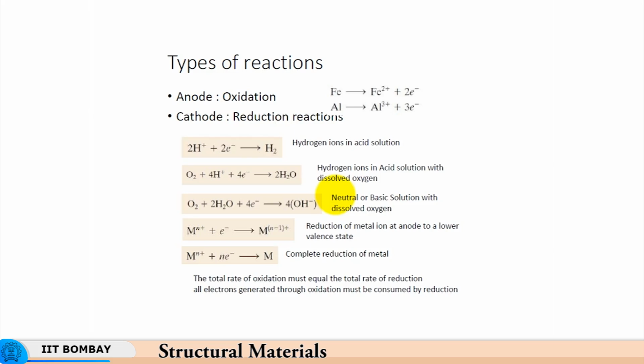If as we go from A to D the electronegativity is such that D is more anodic than C, C is more anodic than B, and B is more anodic than A, then A will not go into solution until B, C and D have gone into solution.